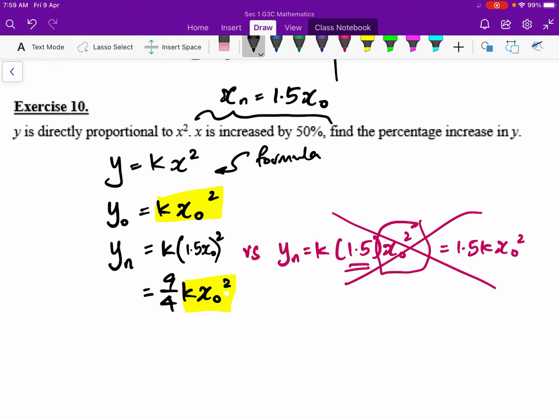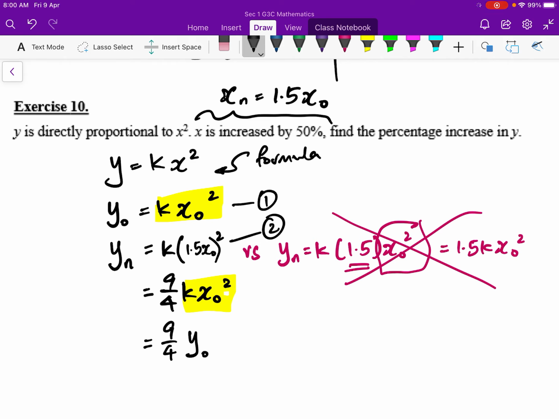This is like your equation number 1 and this is your equation number 2. They are separate. But they all came from that same formula. So you compare to equation number 1, k xo squared is the same as yo, the original y. So what this tells us is that your new y equals 9 over 4 of the old y.